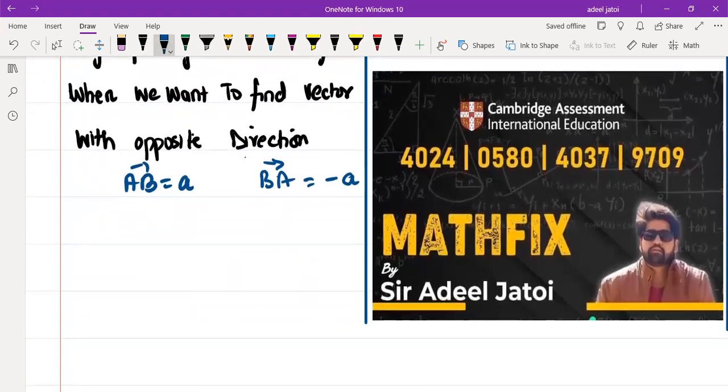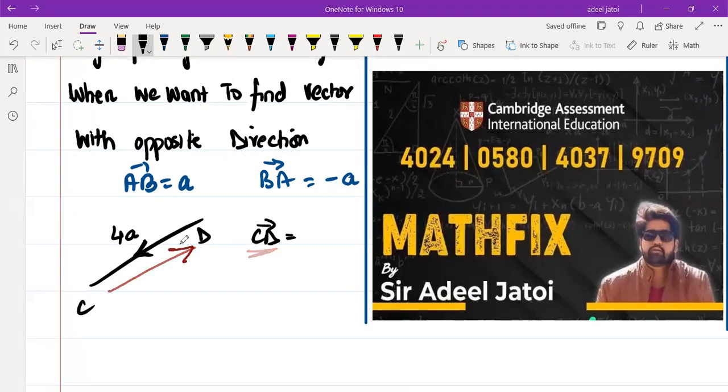In a similar example, let's say CD is 4a. When I write CD, I'm going from C to D, but the direction is coming from D to C. So we are going in the opposite direction to the given direction.